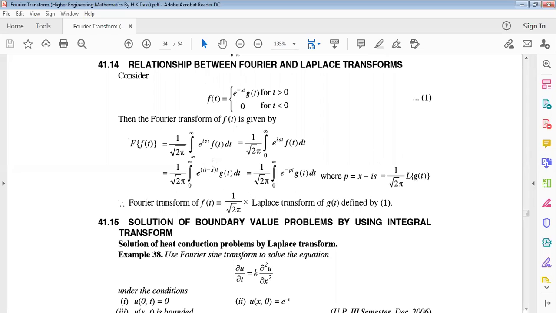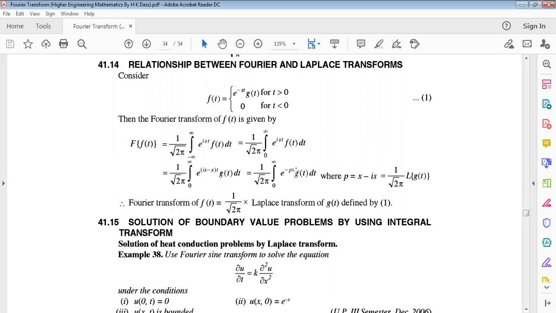Now this can be written as this one, which gives the Laplace transform. The Fourier transform of f(t) equals 1 by root over 2π times the Laplace transform. I is absent here. This is why this is called the Laplace transform.